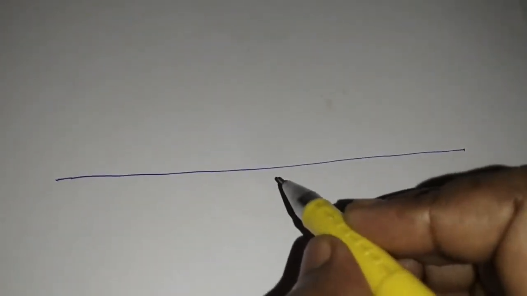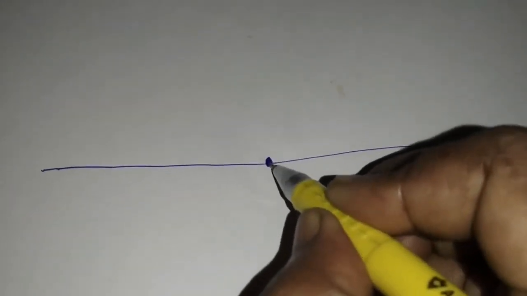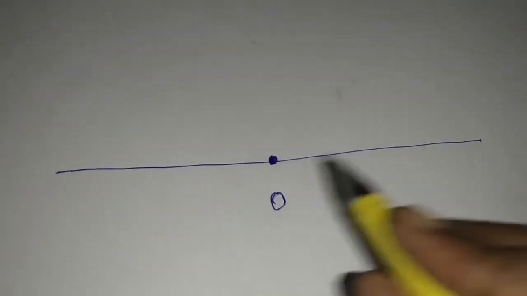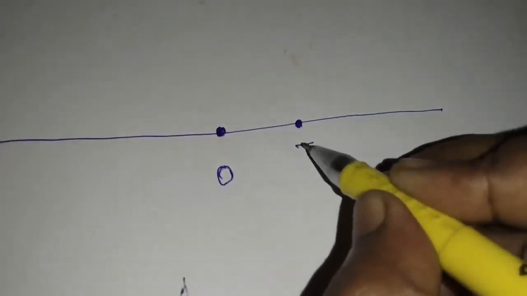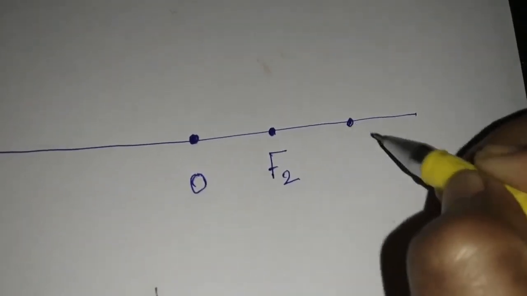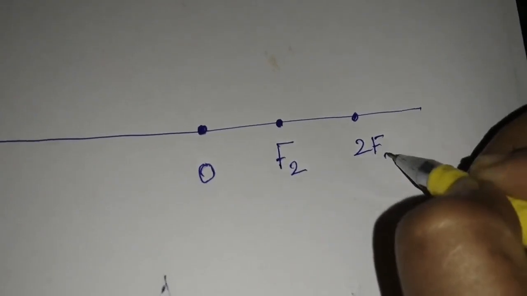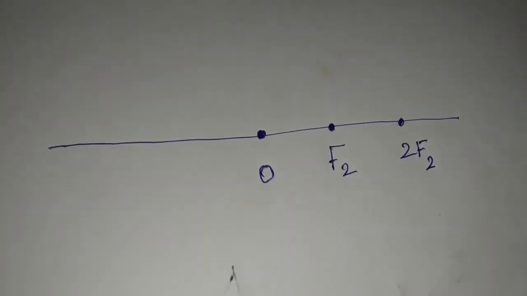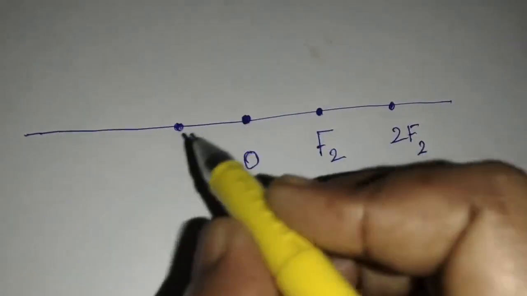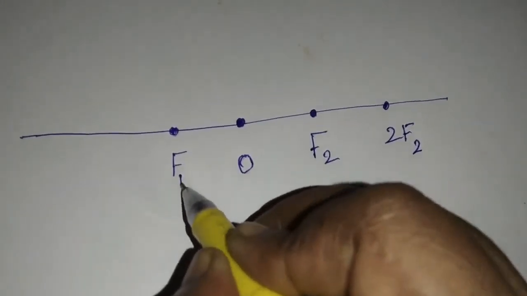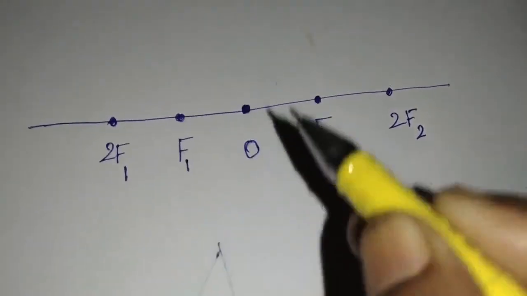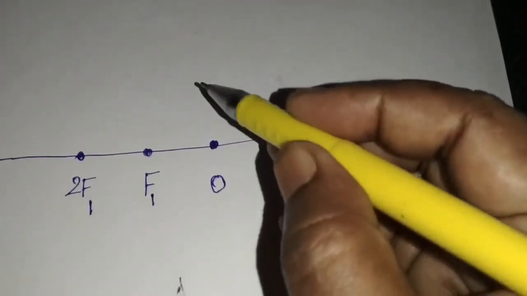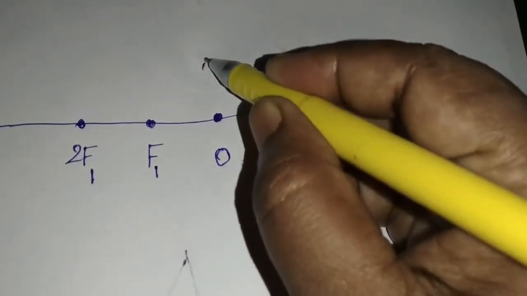You have to draw the line to show the principal axis and then mark the optic center O in the center of the line, and then mark 2 points, F2 and 2F2, to the right of the optic center, and on the left side mark 2 points, F1 and 2F1, to the left of the optic center, and then draw the convex lens at the optic center O.